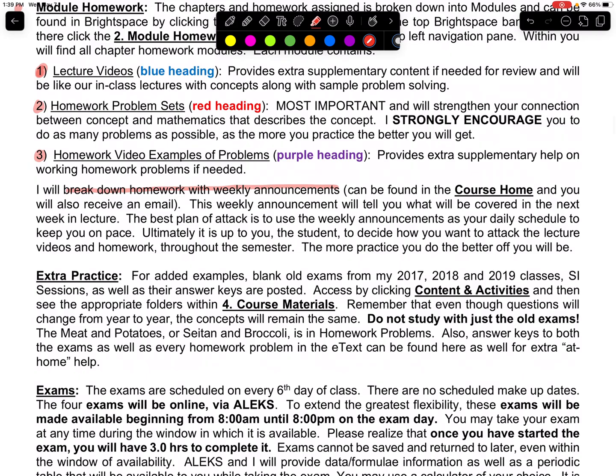Extra practice: the real meat and potatoes is the homework that I'm assigning, but when we get close to the exam, if you want to test your abilities, I do have old exams from 2017, 2018, and 2019. These are real exams that were given. These will be of a different format since our class will have online exams.